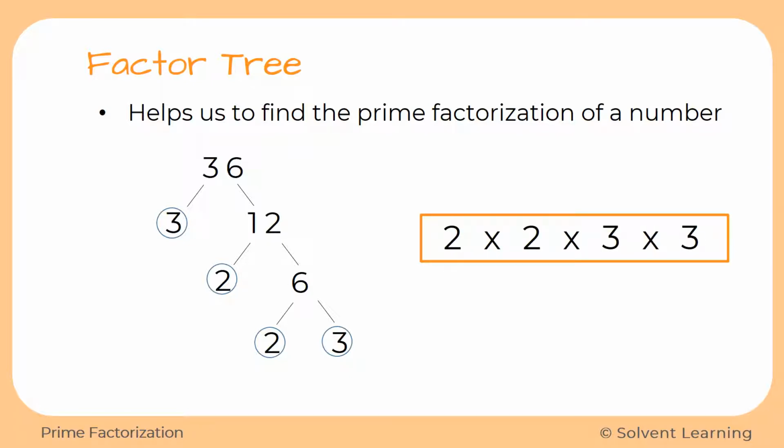So we had two 2s and we have two 3s. So we can write it in order as 2 times 2 times 3 times 3. And if we multiply all 4 of those numbers together, it would equal 36. And all of those numbers are prime. So this represents the prime factorization of the number 36.